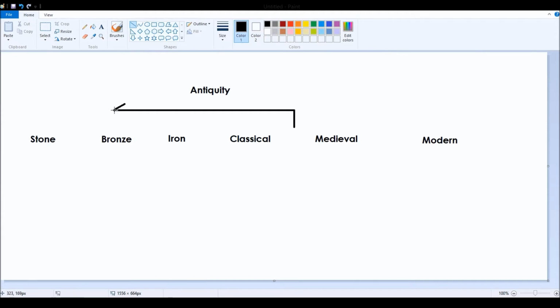And depending on which part of the world you're in, this is different.